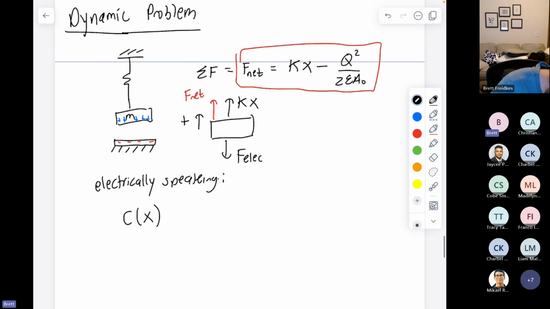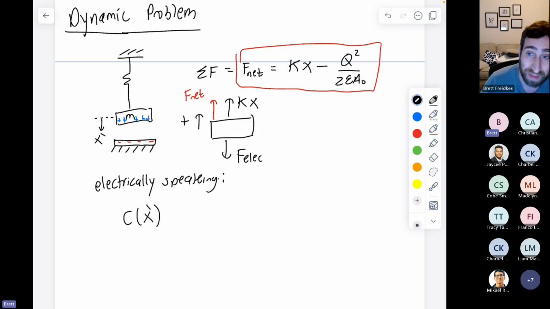And I'll say that originally, this is at some position x naught. Any deviations about x naught, I'm going to call a tiny deflection like x prime, a little tiny fluctuation about the equilibrium point x naught.